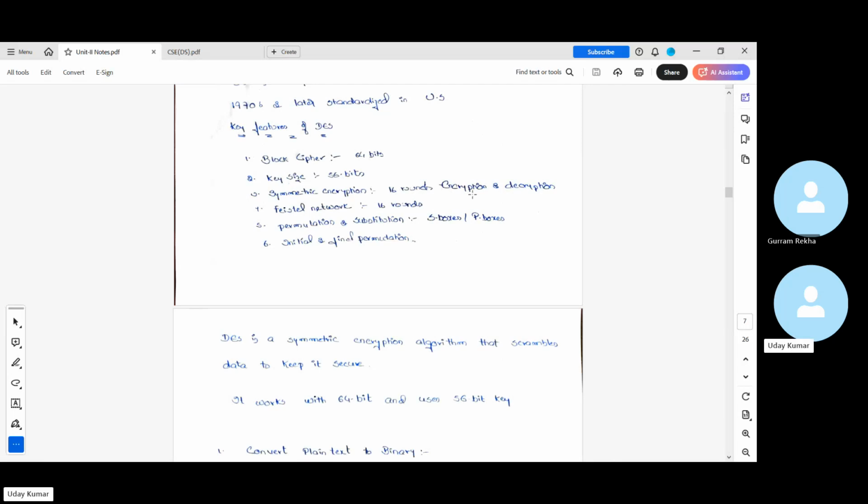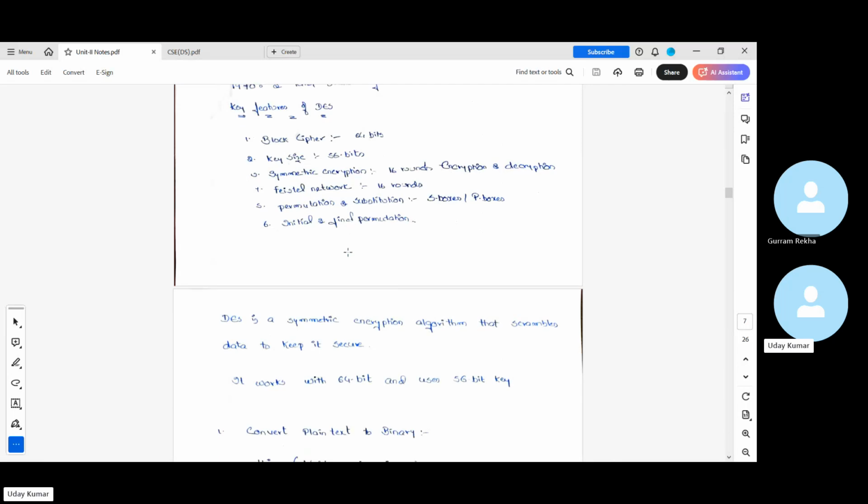It contains 16 rounds of encryption and decryption, Feistel network. So during the encryption, students, there is a Feistel network that is also processed in 16 rounds. In the Feistel network, you have permutation and substitution. They are called S boxes and P boxes, the initial and final permutation. So these are the key features.